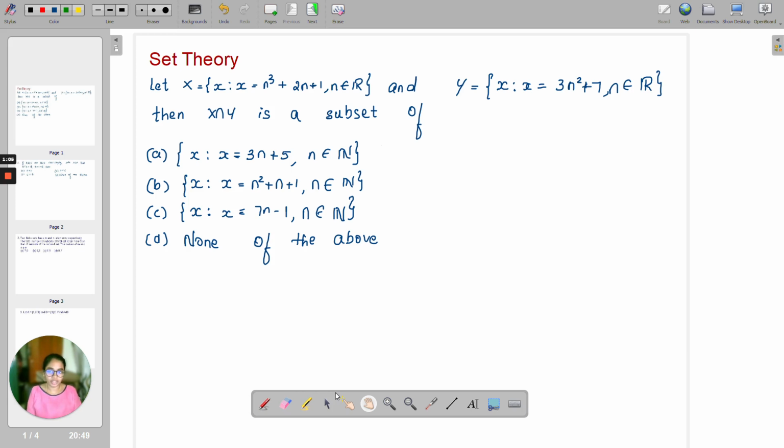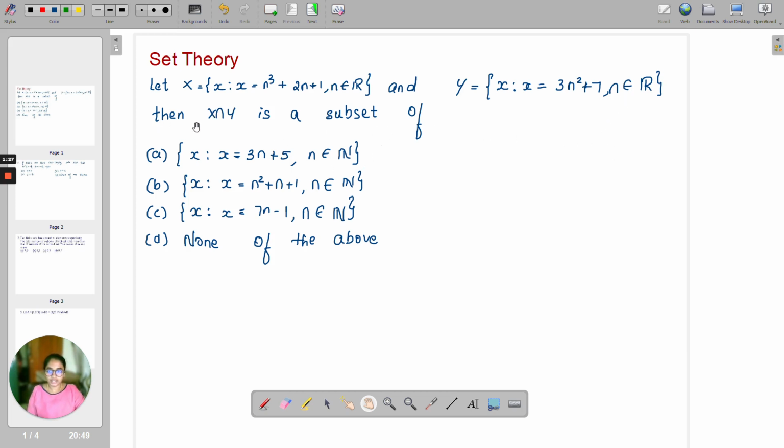This is in property form, right? And they've given another set Y, where x is equal to 3n squared plus 7. Even here n belongs to the set of real numbers.